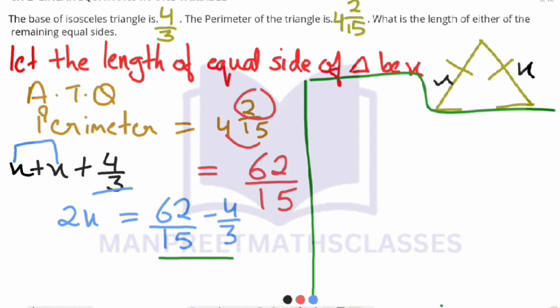Now LCM of 15 and 3 will be 15. So 2x is equals to. Now 15 will go one time by 15.